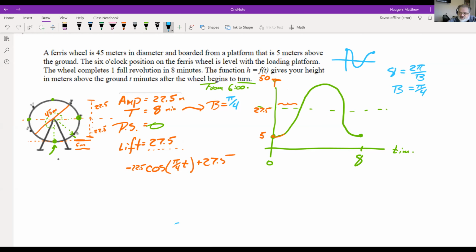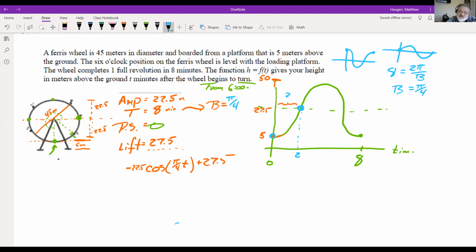And this function starts at its extreme value, here extremely low, so our negative, where sine starts at equilibrium and then goes through its oscillation. So if we want to do a sine with this, we certainly could, but we'd have to consider the function starting there after a quarter of our period. So that would be after 2 minutes. So we'd have to put in a 2-minute phase shift, which is fine.